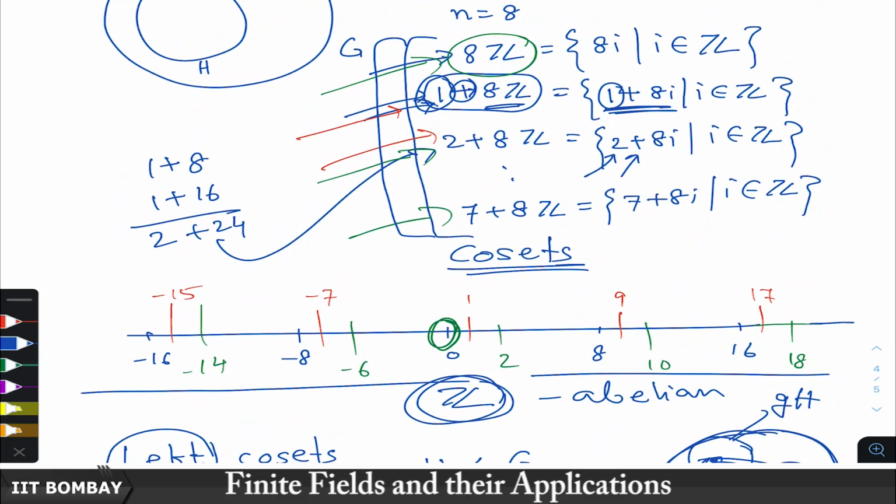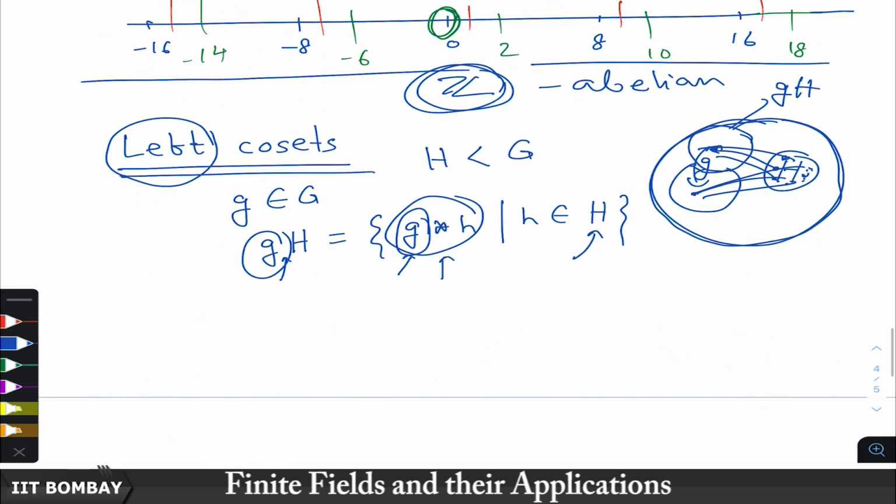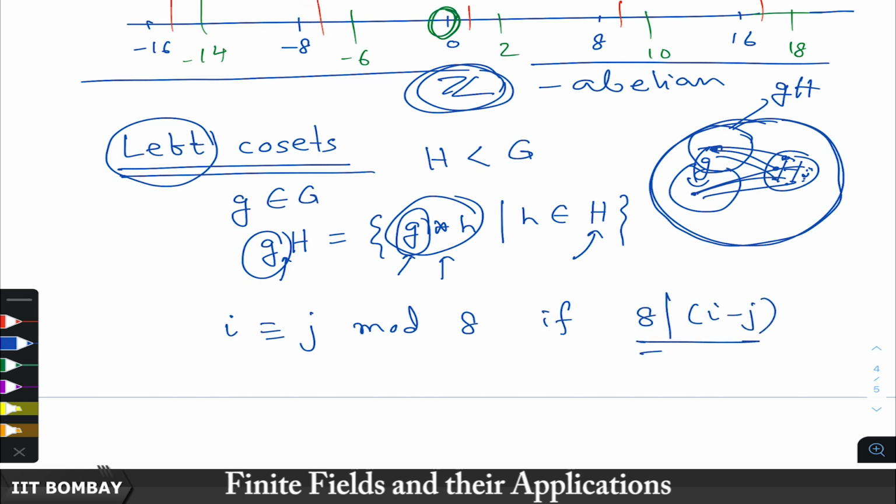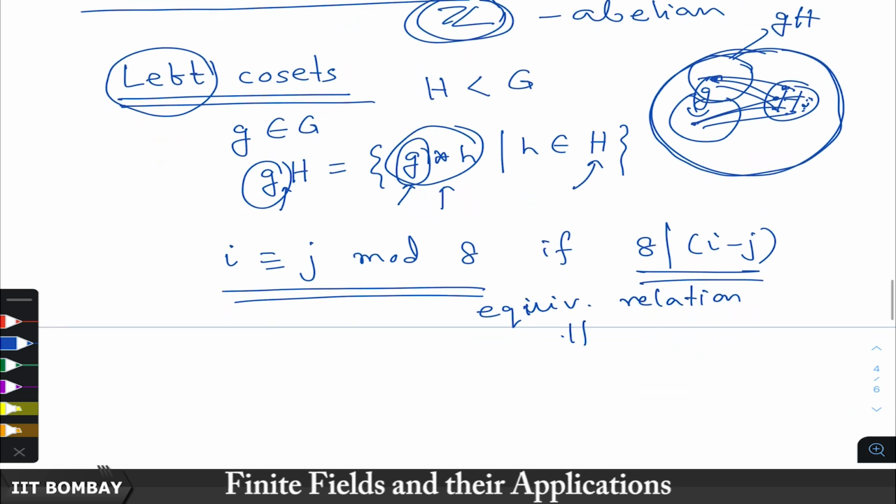We can define a relation, just like here we defined a congruence relation modulo 8. We said that two integers are congruent, i is congruent to j modulo 8 if 8 divides i minus j, right. And under this relation, and we have seen that this relation is an equivalence relation, and this gives equivalence classes.